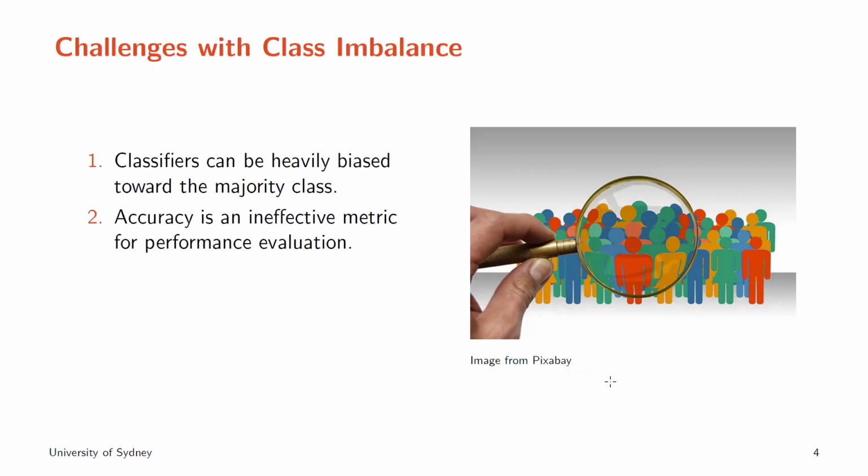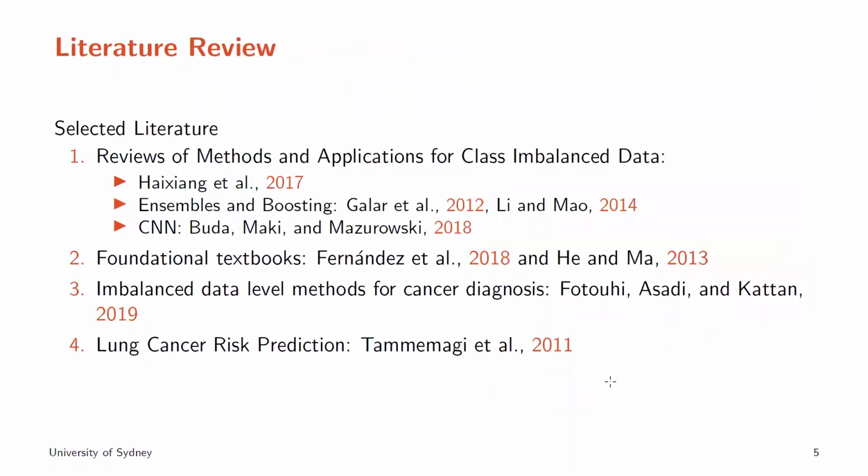With these interesting applications and challenges, researchers have studied class imbalance techniques, and we highlight a few selected literature on the topic. There have been reviews of methods and applications for class imbalance data by Haishang and Company, ensemble and boosting methods by Galar and Company, and Yan Mao, applications on deep learning by Buddha and Company.